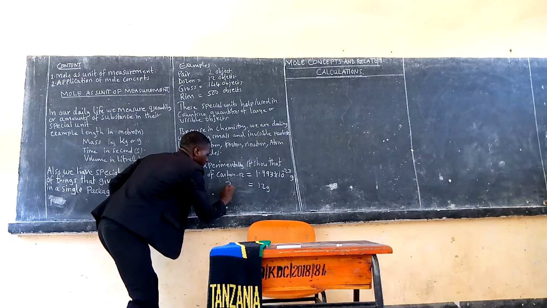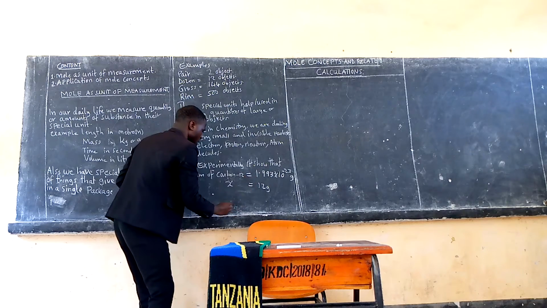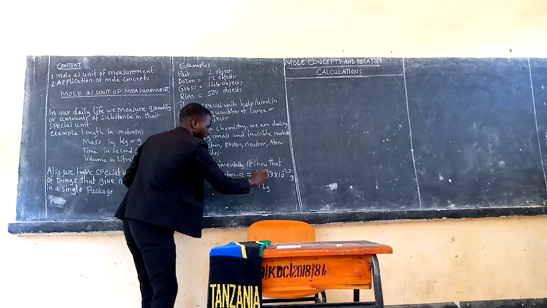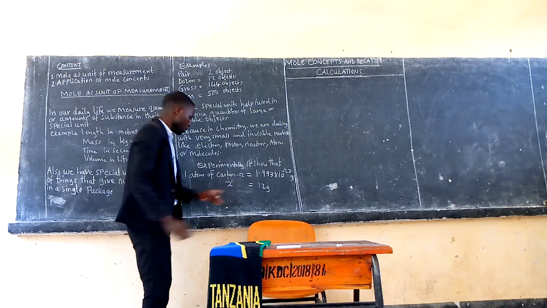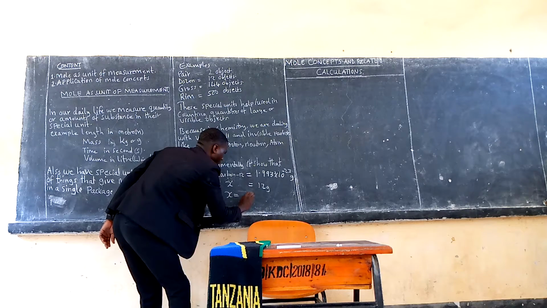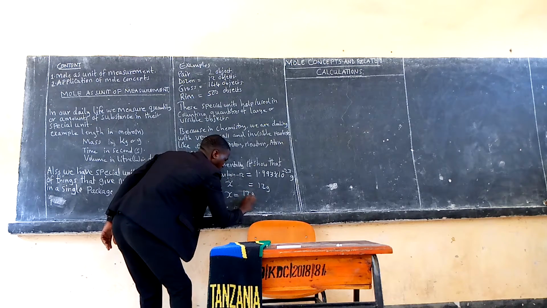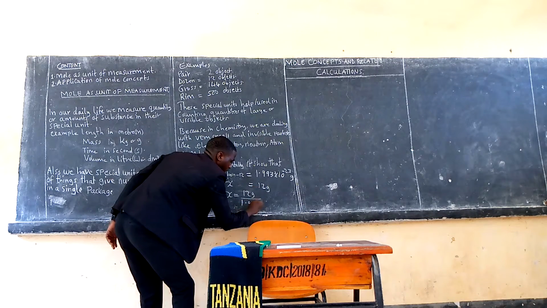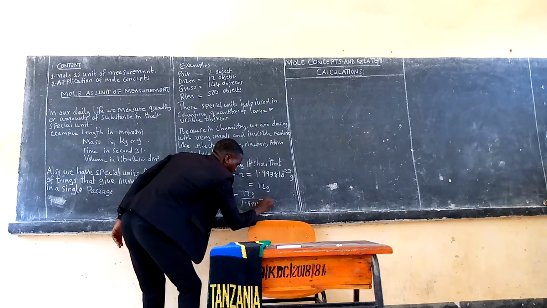We make it X. By cross multiplication we get 1.993 times 10 raised to negative 23 times X equals 12 grams. So X equals 12 grams divided by 1.993 times 10 raised to exponent negative 23.